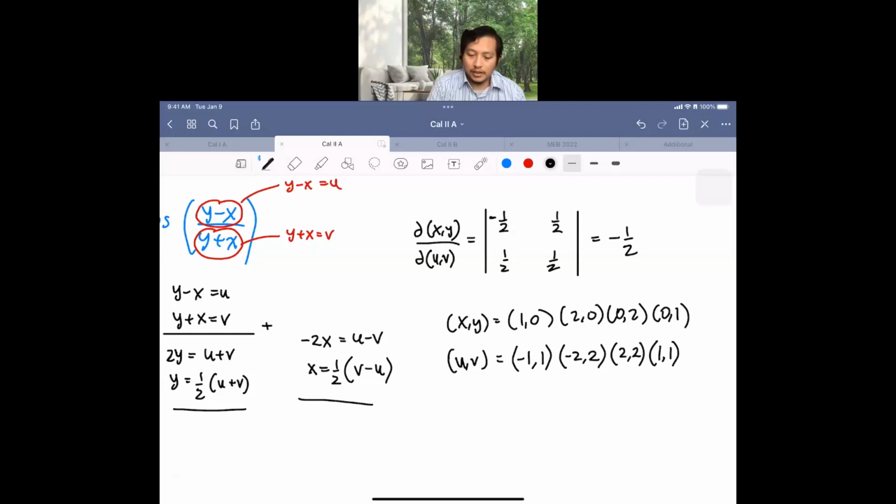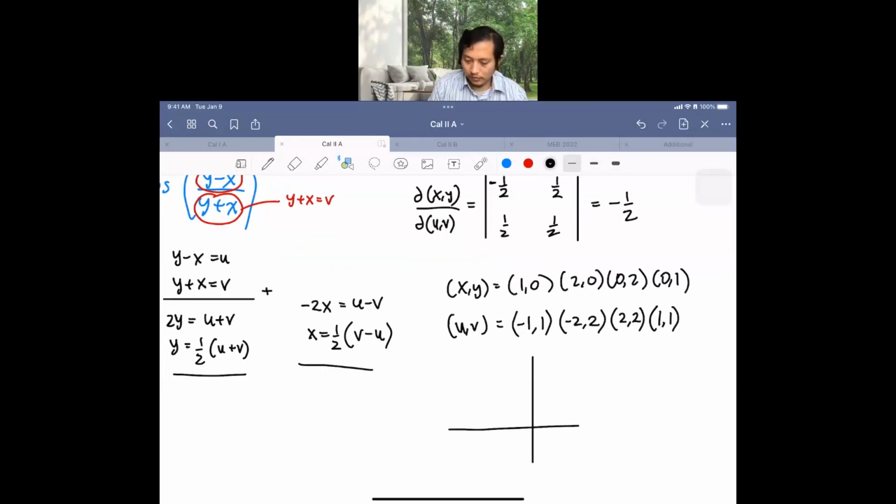Now you can see that u goes from negative 1 to 2, and v goes from 1 to 2, right? But looking at the vertices, I think it's not a rectangular shape, so we should take a deeper look at what it looks like.